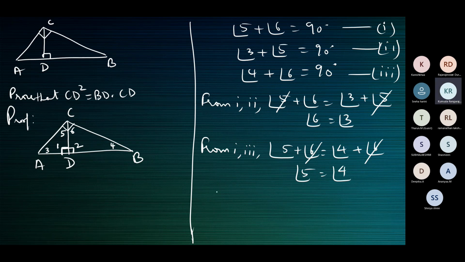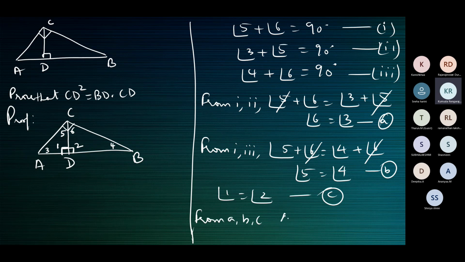Now you say in triangle, you can call this A, this one as B, and this C. From A, B, and C, triangle ADC is similar to triangle. If you say ADC, you must say C, because which are the angles equal?